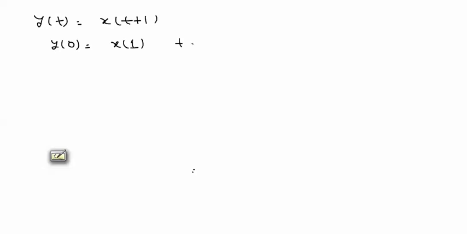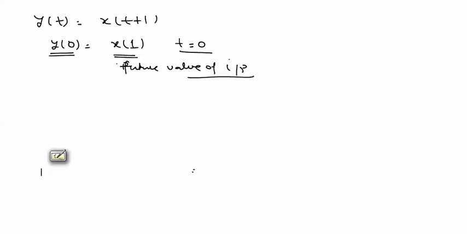At t equals 0, output y(0) is generated from input location 1, meaning future value of input. It means it is non-causal.